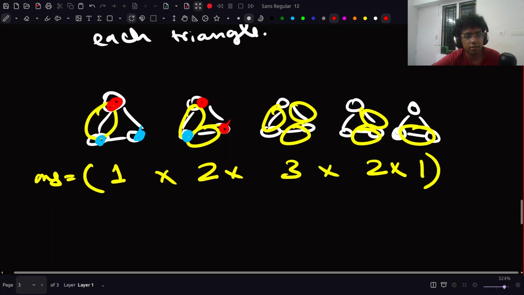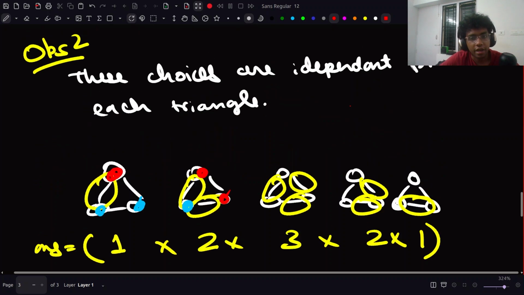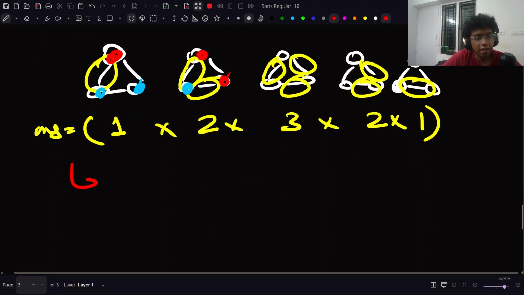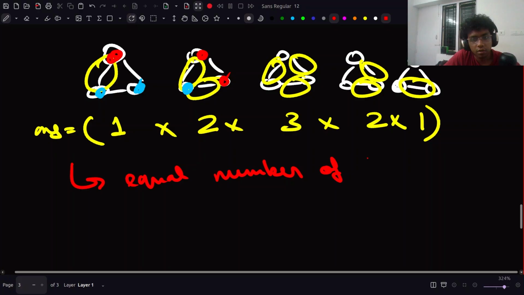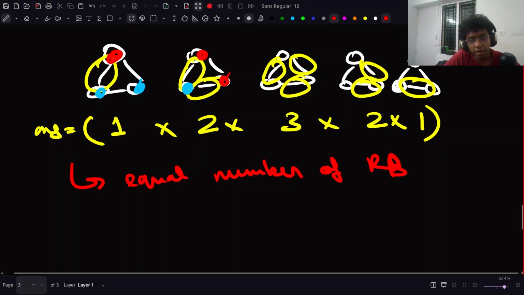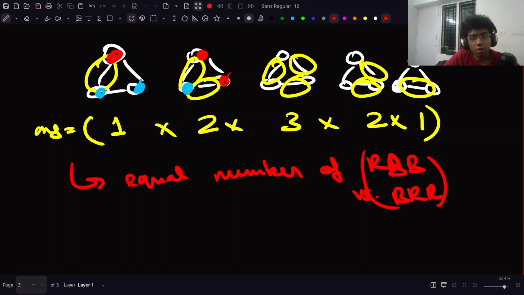And what we know is there will be equal numbers, since we want n by 2 red, n by 2 blue, and n is divisible by 6. So we will have an equal number of red blue blue versus blue red red triangles. So we need to choose half of these triangles for coloring red and half for coloring blue.